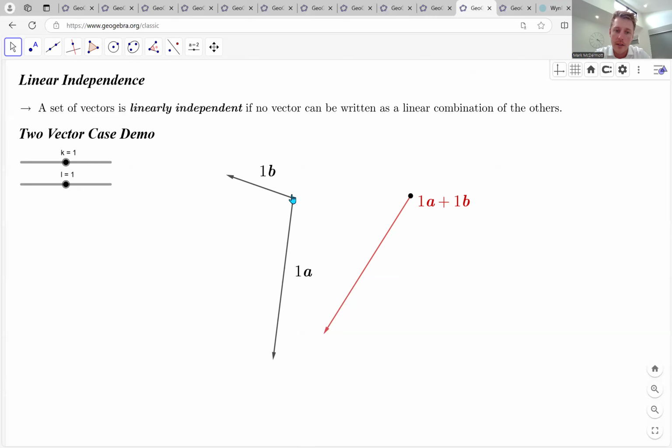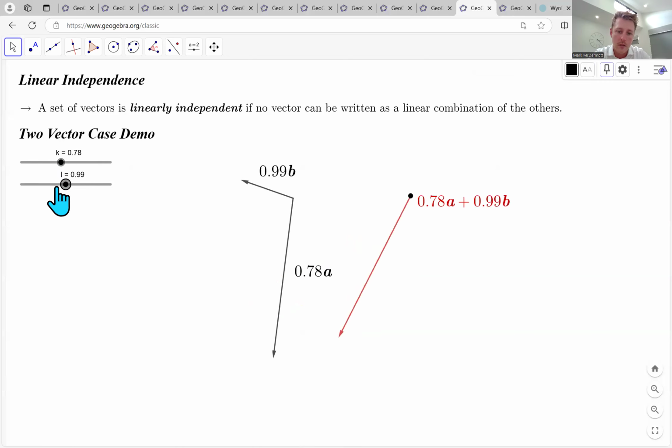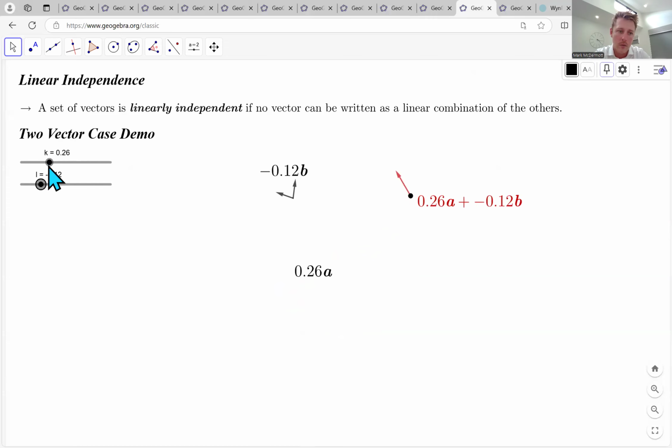We've got some vector A and we've got some vector B. I guarantee you now, other than when K is zero and L is zero, I'm not going to be able to get this to go to zero. Remember, 0, 0 doesn't count. But because vector A and vector B are not parallel, I'm not going to be able to get these to go to zero, which means they're linearly independent.